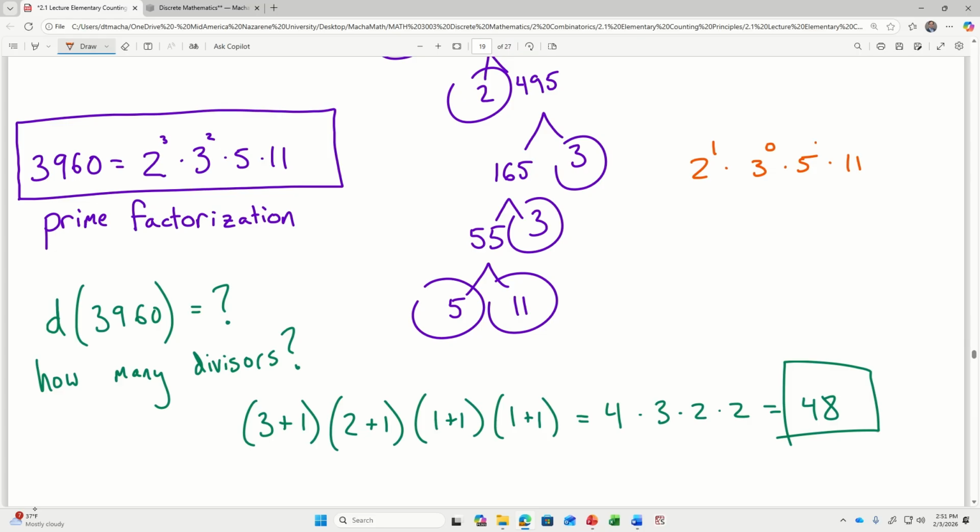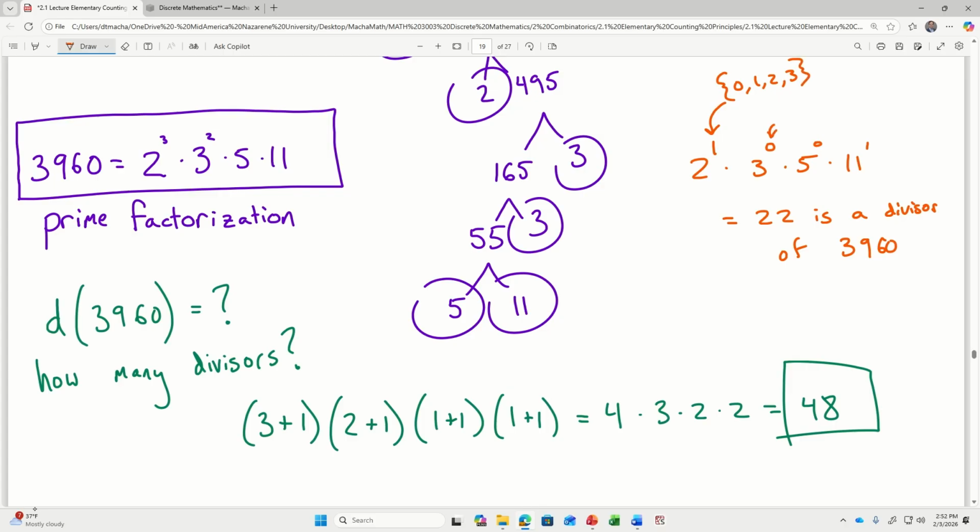Let's call it 0. And then for 11, this could be either 0 or 1, right? So let's call it 1. And this makes a divisor. And so 22 is a divisor of 3,960. But this didn't have to be a 1. This could have come from the set 0, 1, 2, 3.